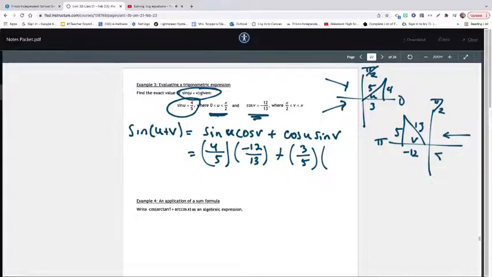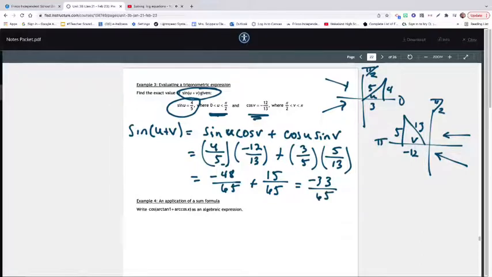And then sine of v, I'm back to this one. It's going to be 5/13. So multiply fractions straight across. 4 times negative 12 is negative 48. 5 times 13 is 65. Plus 5 times 3 is 15 over 65. And then add those fractions, or in this case, subtract them. And we'll get negative 33 over 65. And that's my answer.